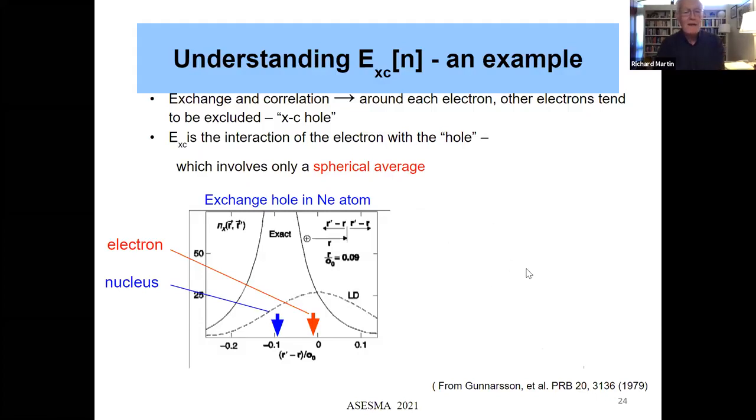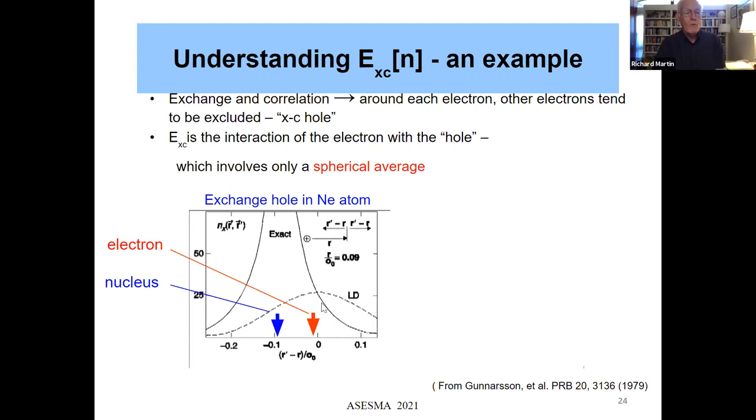This figure is a little bit hard to understand. This is for an electron at a chosen point near the nucleus, which is sitting here at the blue arrow. This red arrow should have been exactly on 0. At that point there's a given density in neon, and you would say that the exchange correlation energy is the same as if an electron was in a homogeneous gas of that density.